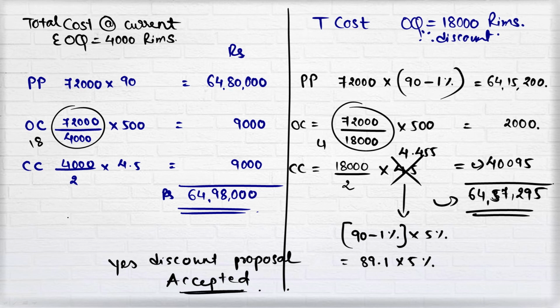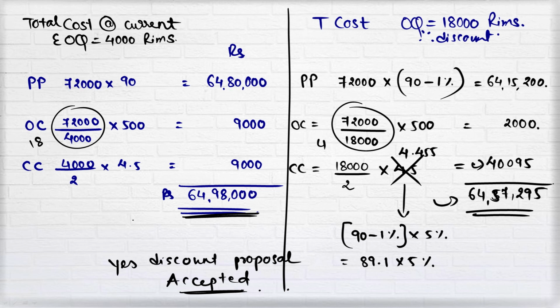Sir, so is economic ordering quantity not the most economic ordering quantity? The answer is no. Wilson's EOQ assumes, number one, that your purchase price is going to remain the same. Are you getting it? That assumption is violated, so you are not getting your most economical ordering quantity. In practical life, knowledge of only EOQ is not important.